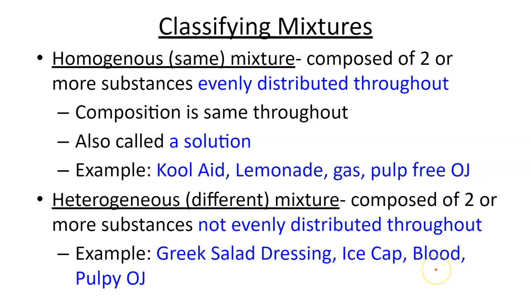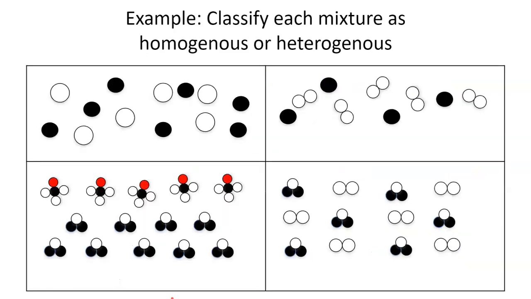Blood's a little tricky because blood kind of looks homogeneous, but if you zoom in just a little bit with the microscope, you can often see different components of the blood. And pulpy orange juice would be an example of a heterogeneous mixture because it has the top layer before you shake it and the pulp at the bottom. You can temporarily homogenize a heterogeneous mixture by shaking it, but it does go back to having those different layers.